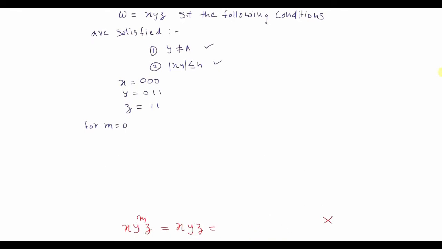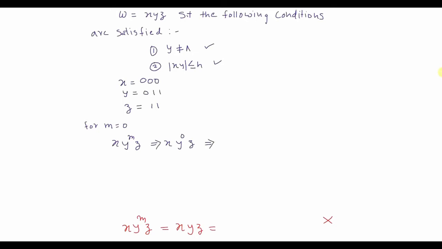For m equal to 0, x y raised to m z can be written as x y raised to 0, z. So what will be this string?